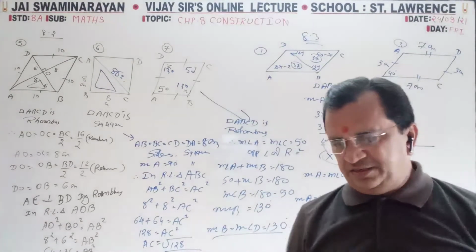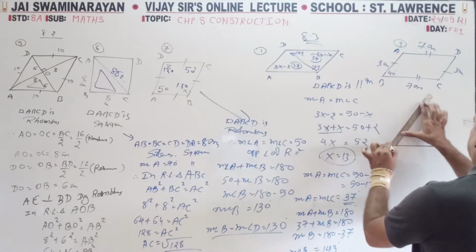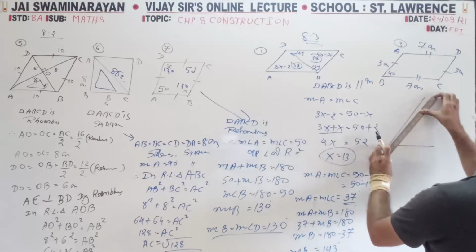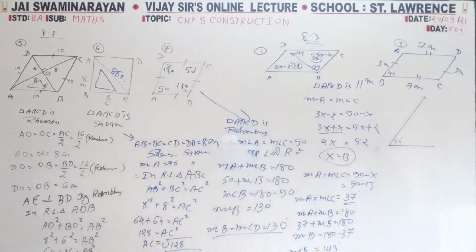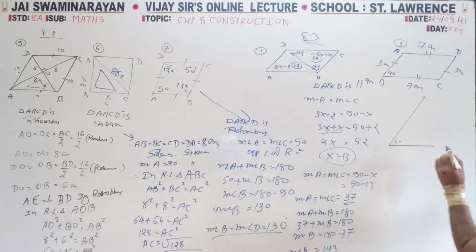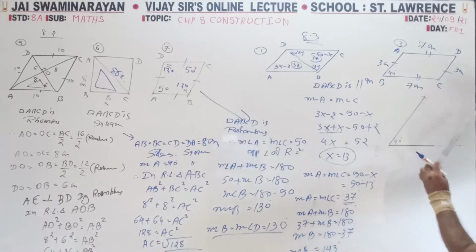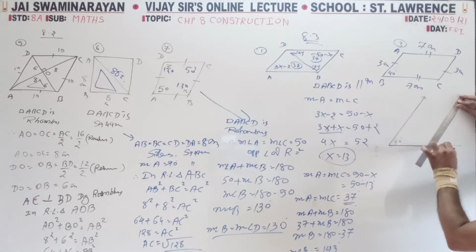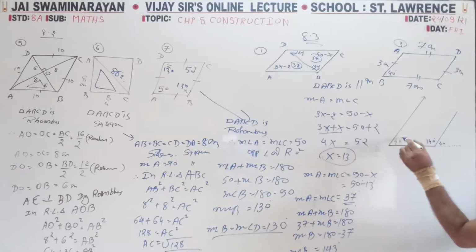Okay, then 40 degree. If this is 40 degree, this is a parallelogram. So extend this. Here also 40 degree. So automatically both will be parallel. This is 40. So this is 140 automatically.